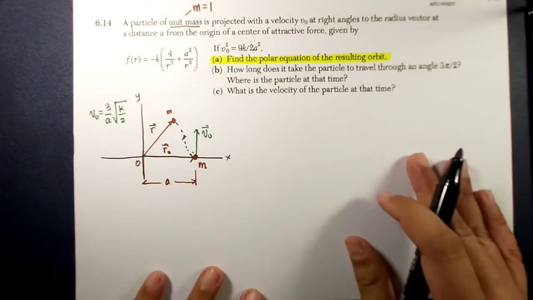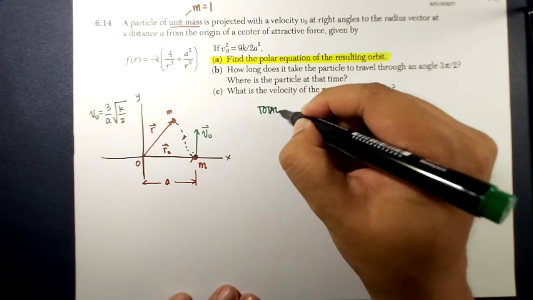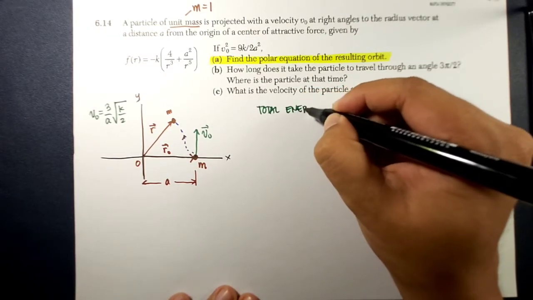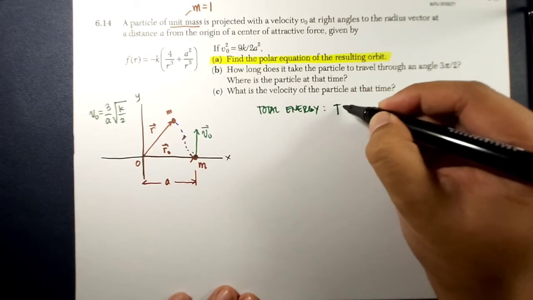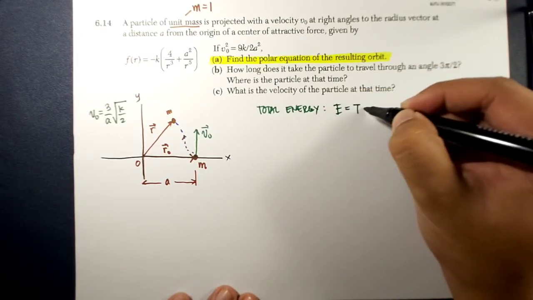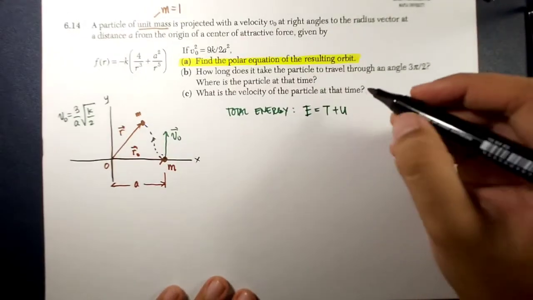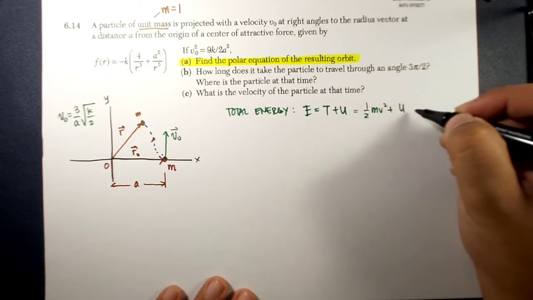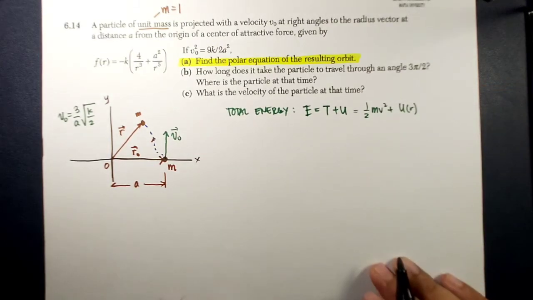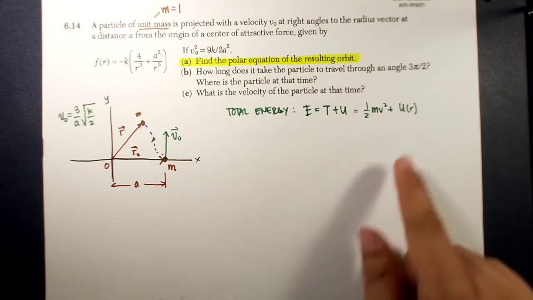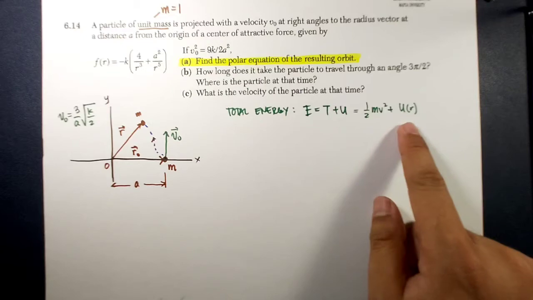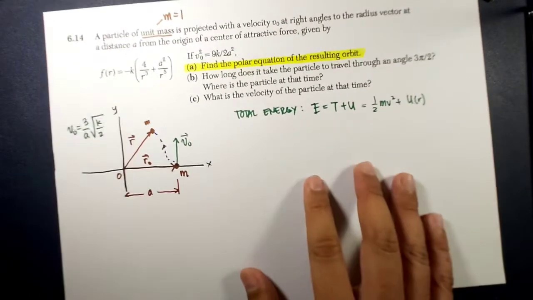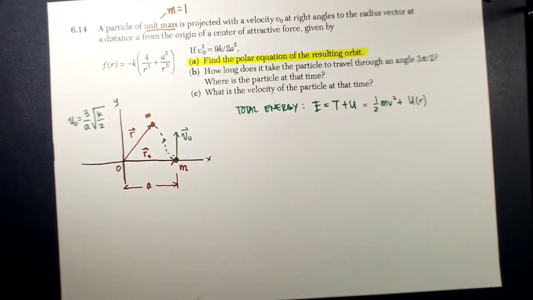And we take note that the total energy is E equals T plus U, or simply 1/2 mv squared plus U, which is a function of r. We know that the potential energy U is related to your force function, so we can determine the potential energy from the force function.